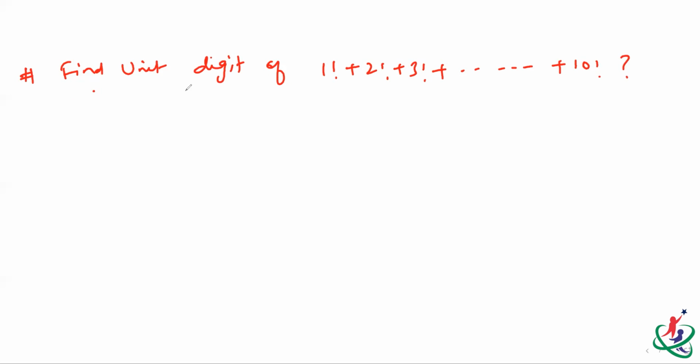Let's look at the solution. You can pause the video and try solving using the same concept. For any question related to unit digit, we'll apply the same concept. The questions may look different, but the concept remains the same, and it can be solved using what we have learned.